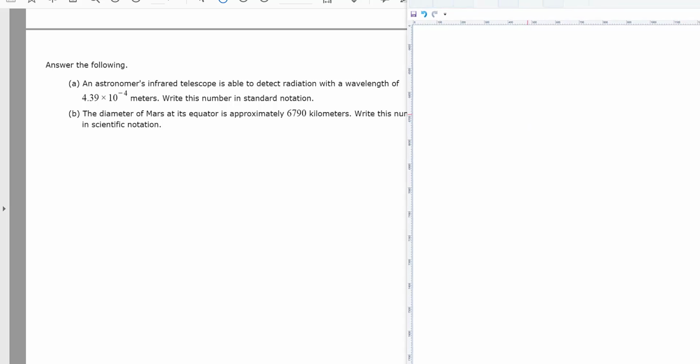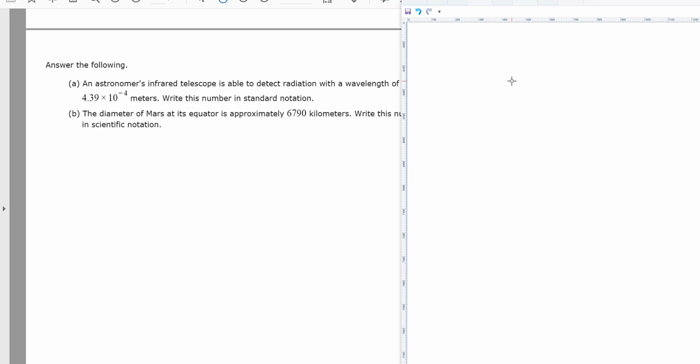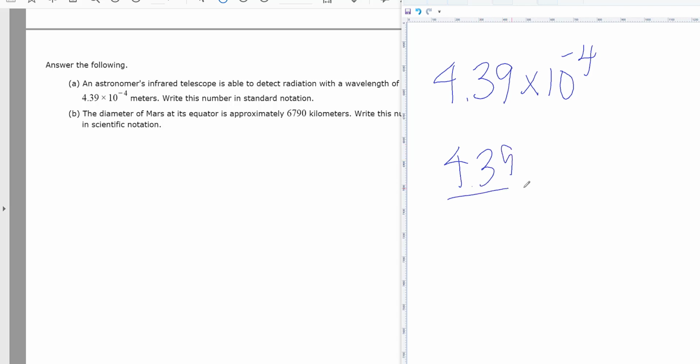Well, we just saw that when you have a negative exponent, it means to divide by that number. So the long way to do this is to say I'm going to divide that by 10 to the 4th. So that's 4.39 divided by 10,000.